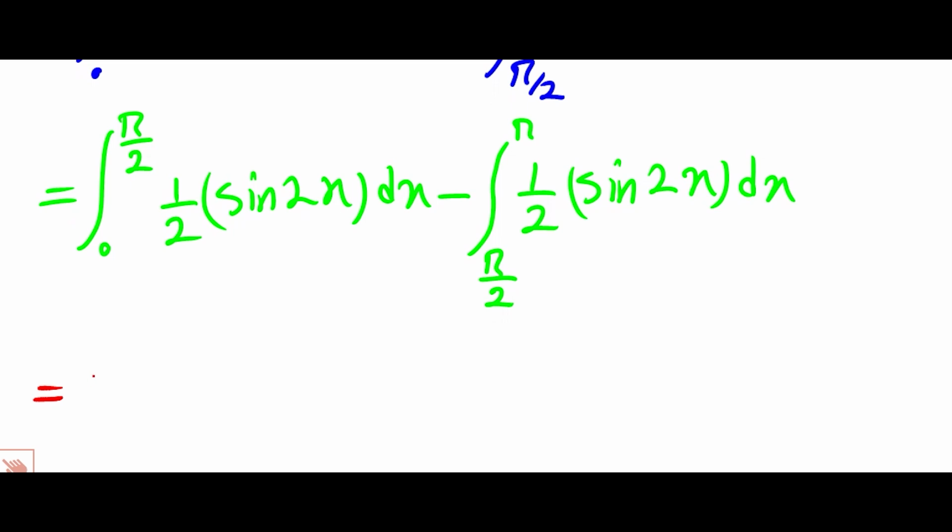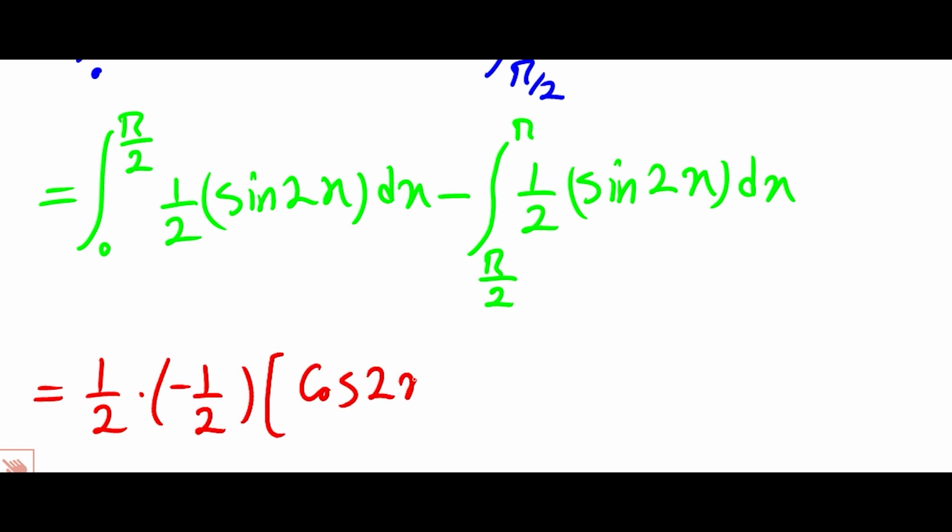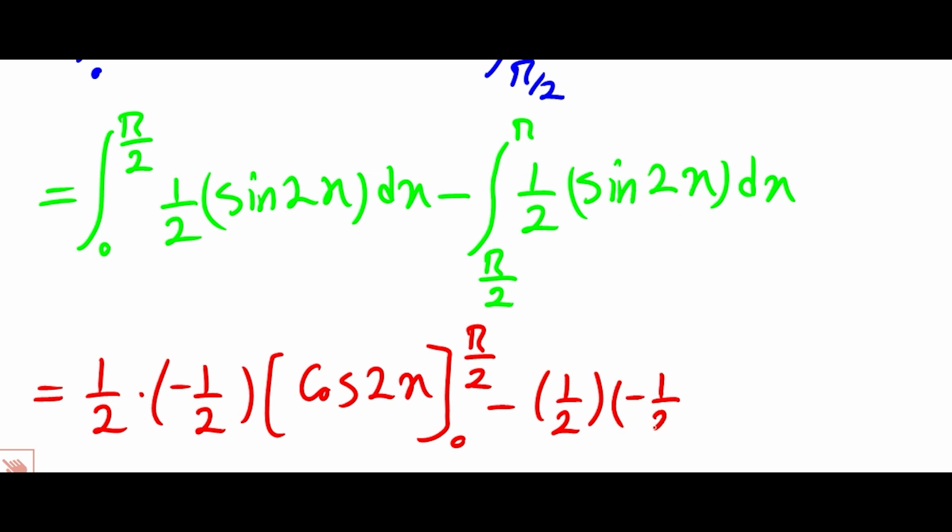And we have 1/2 the integral of sine of 2x equals negative 1/2 cosine of 2x from 0 to pi over 2, minus 1/2 the integral of sine of 2x, which is negative 1/2 cosine of 2x, from pi over 2 to pi.